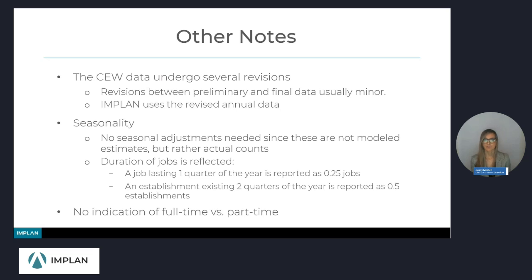Same thing goes for establishments. An establishment existing for 2/4 of the year is reported as 0.5 of an establishment. So you do get a sense if a job was seasonal or not because of that. So that's great. There is no indication of hours worked. So we don't know if these jobs are full-time or part-time, just that they were a job, but we do get an indication of whether the job lasted the full year or not.